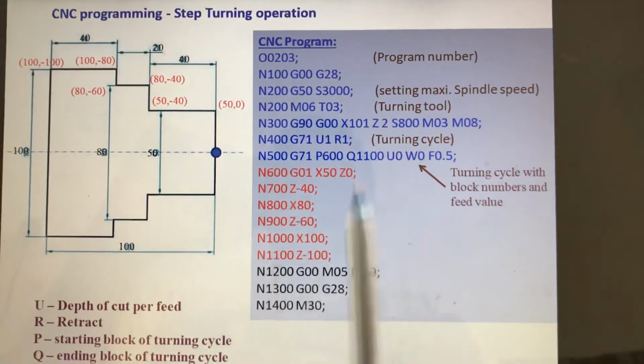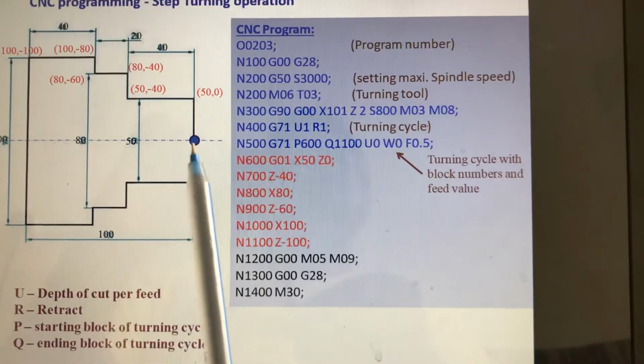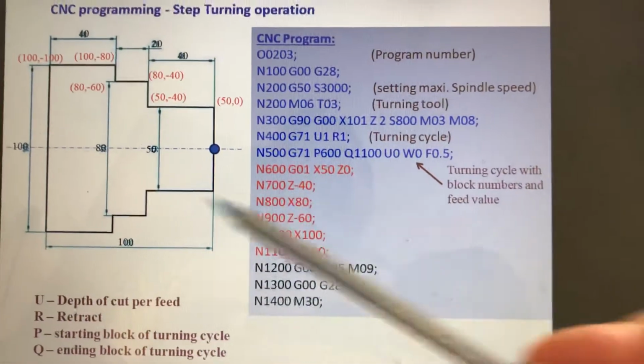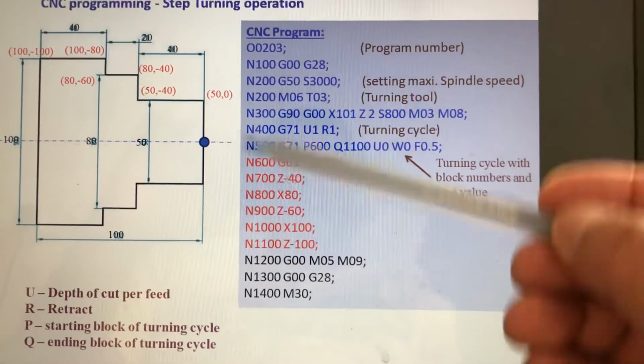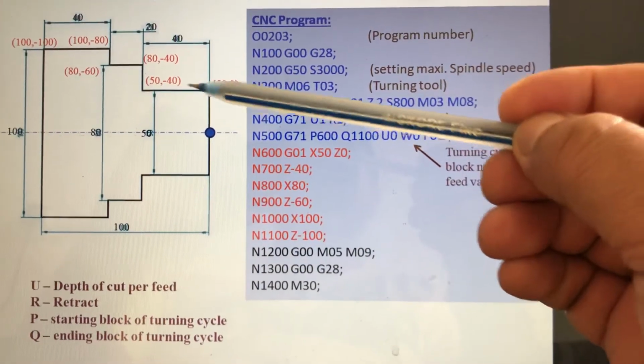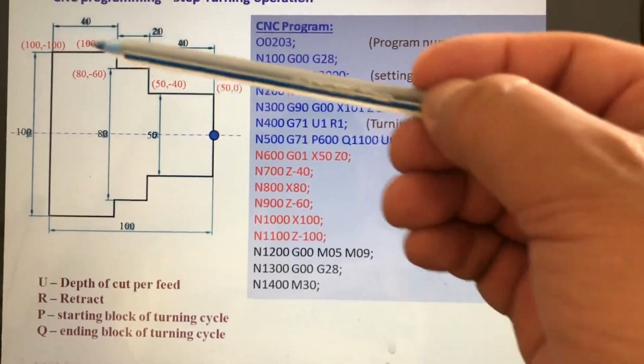Z axis is along the axis of the workpiece. Away from the workpiece is Z positive, towards the workpiece is Z negative. Z negative is the cutting direction. And at every point, the X value will be equal to the diameter of the workpiece at that plane. That is how you should get the values.